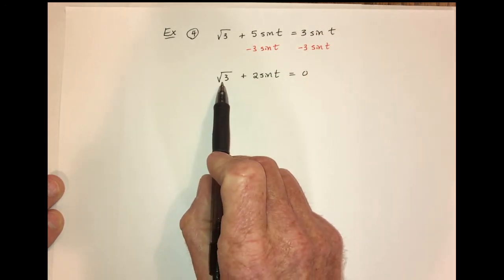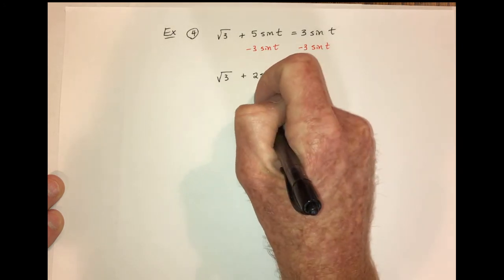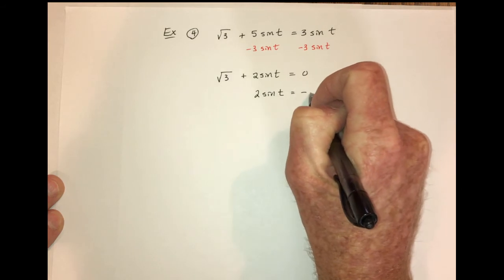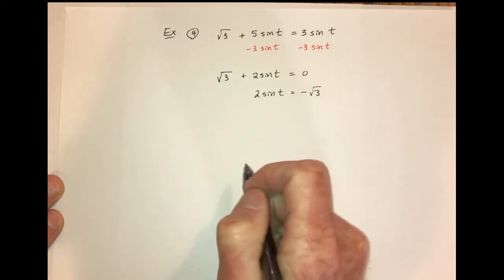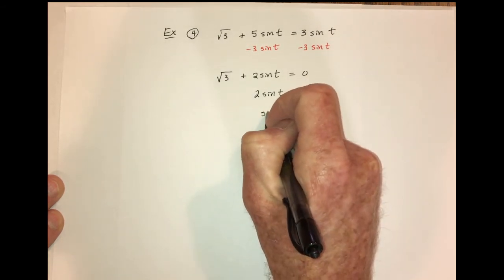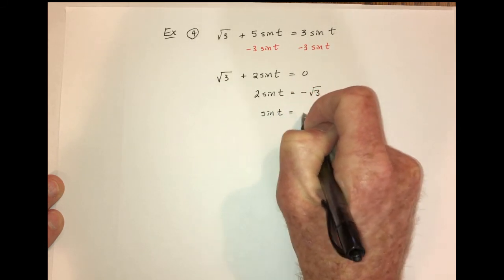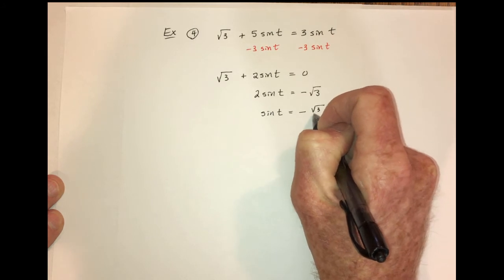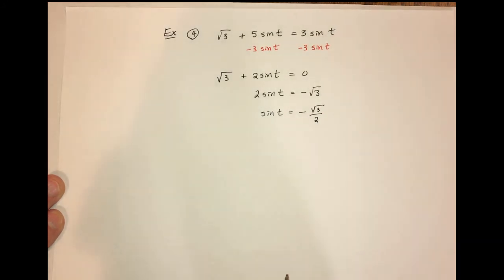And next, subtract this from both sides. So it's going to be 2 sine of t equals a negative square root of 3. And then divide both sides by 2. So sine of t is equal to negative the square root of 3 over 2.